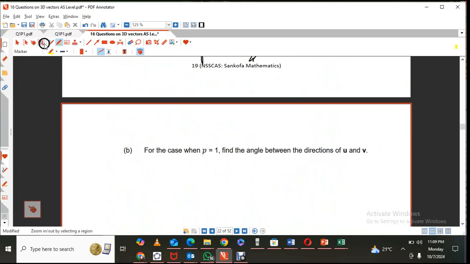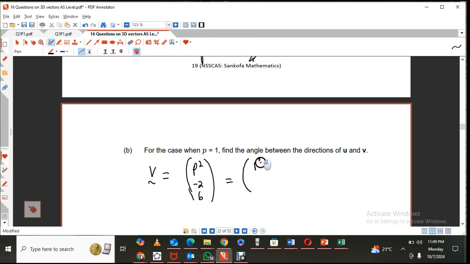Now, they are saying for the case when p equals 1, so if that is the case, maybe I should just write down what my u was. Originally, my u was p squared, minus 2, as well as 6. So if you substitute 1 in there, that's 1 squared, minus 2, 6.